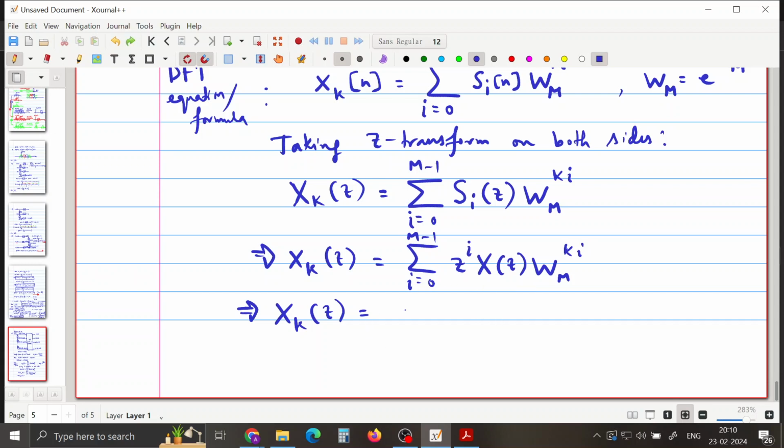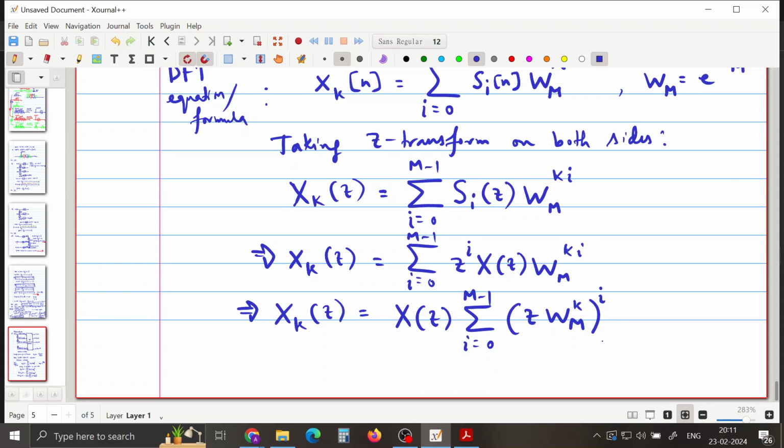So I can bring x of z outside, which is x of z times summation I running from 0 to m minus 1 of this. By the way, this Wmk is nothing but Wm to the power k.